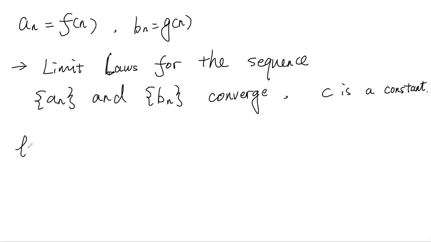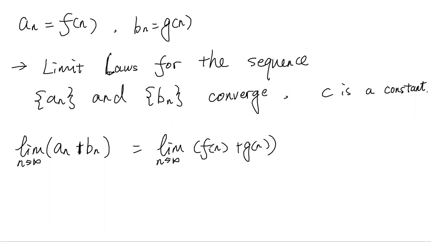Then the limit of a sub n plus b sub n as n goes to infinity is simply the limit as n goes to infinity of f of n plus g of n.